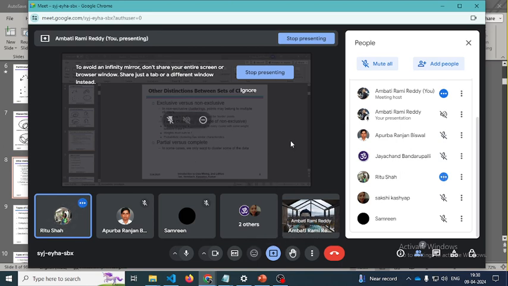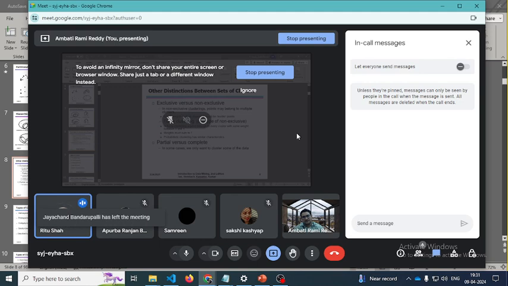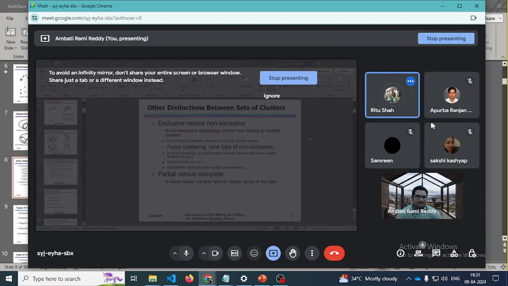Now I can see the other distinction between sets of clusters.